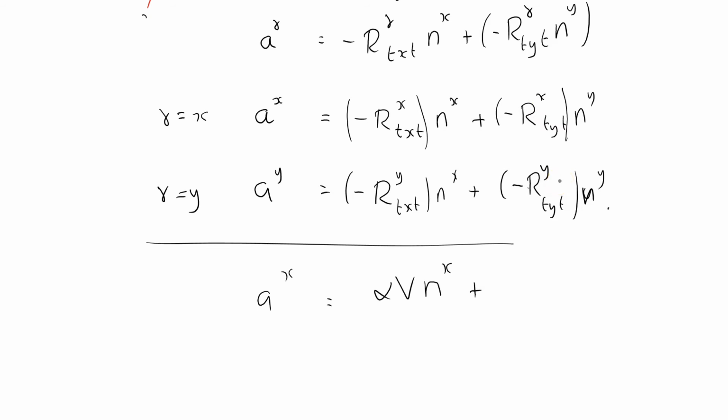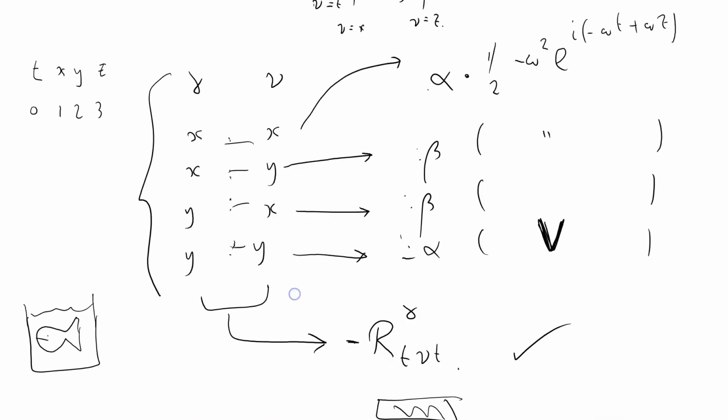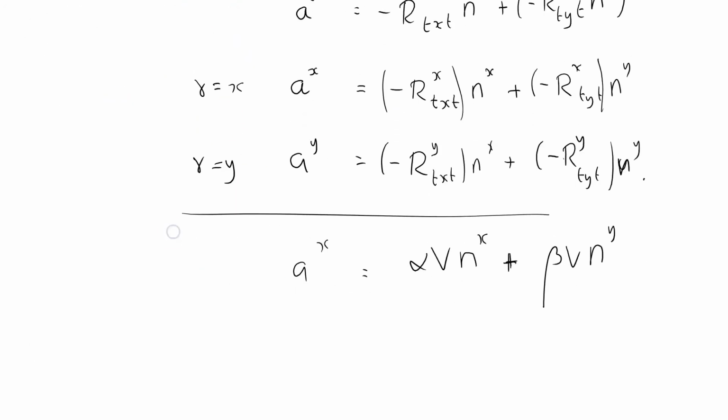Xy was this one here, which was beta v n y. I think that's right. We've got gamma equals x. Yeah, that's a plus. That's a plus beta because it's this row here that I'm working with. There we go. That's nice.